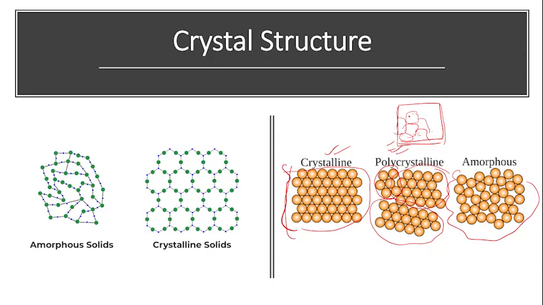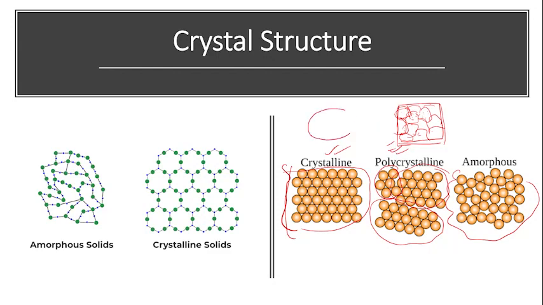Since it is a crystalline structure, the atoms inside all the grains will be arranged in a periodic manner, the same manner, but their orientation, their texture will be different. So if more than one type of grain is present, if grain boundary is present, that kind of structure is a polycrystalline structure.